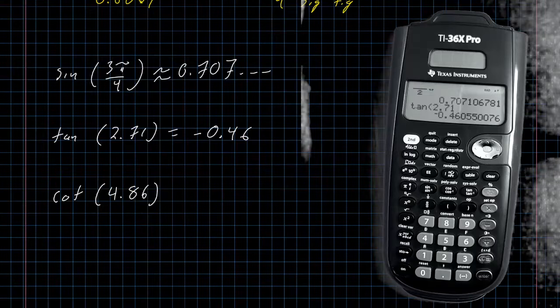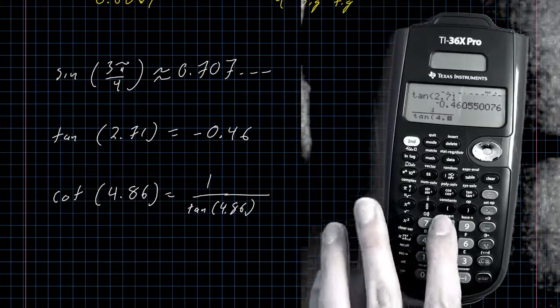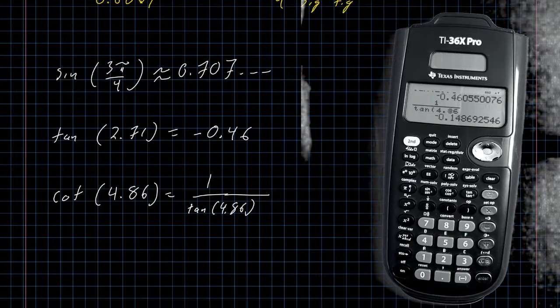And then for cotangent, again, cotangent is the reciprocal of tangent, so I'm going to punch this into my calculator as 1 over the tangent of 4.86, and my calculator will be happy to do that calculation for me. 1 fraction bar tangent 4.86. My calculator tells me it is negative 0.1486, etc. Again, two digits after the decimal point in my angle, so two significant digits here, negative 0.15 is the value of that cotangent.